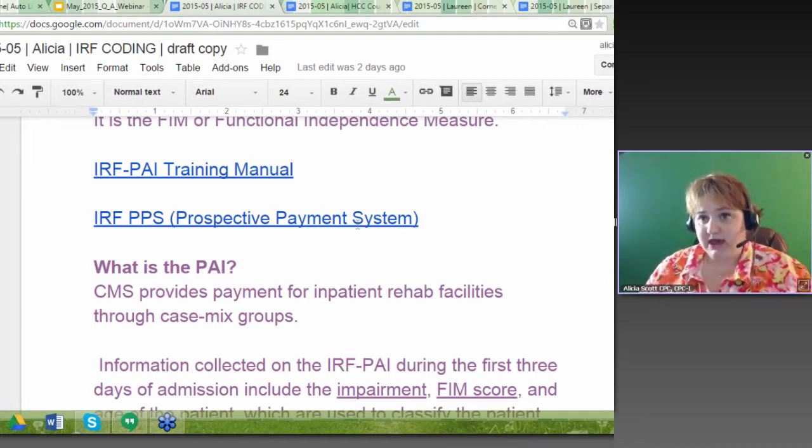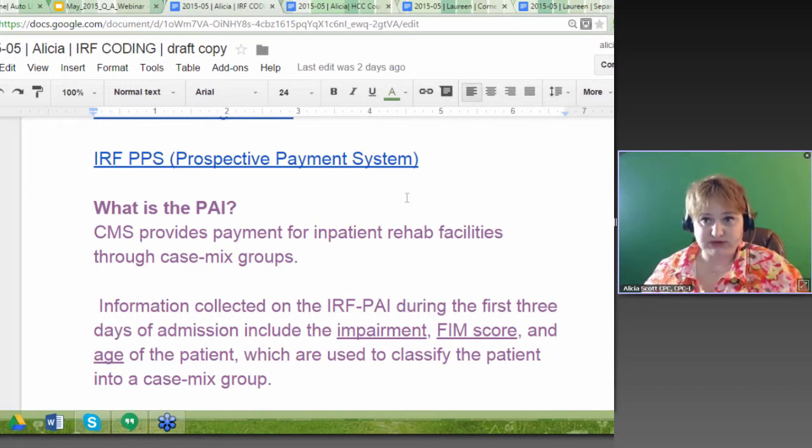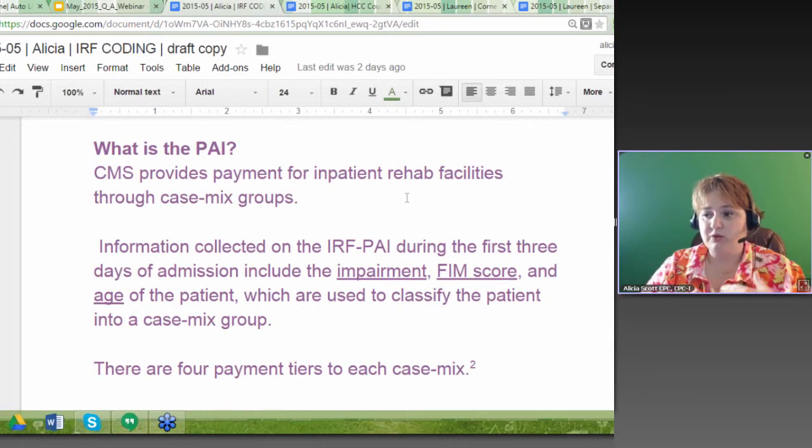So what is actually a PAI? CMS provides payment for inpatient rehab facilities through case mix groups, okay? Now, the information is collected on the IRF-PAI during the first 3 days of admission, okay, when they first get there, and then they include on this the impairment that the patient has, the FIM score, and the age of the patient.